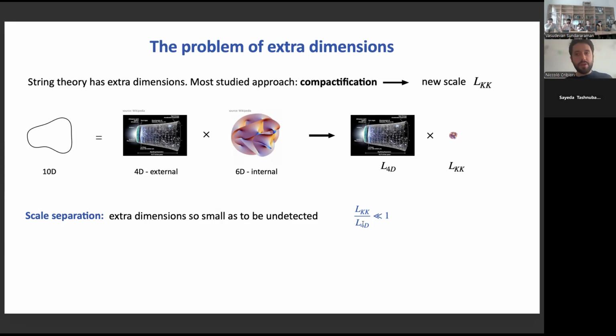Scale separation is the requirement that the Kaluza-Klein scale over the length of the observed universe is very, very small. We don't know how small it is, so for this talk I will just ask the question about parametrically small. I cannot be more precise than this. So scale separation means being able, from string theory, to achieve this kind of hierarchy.